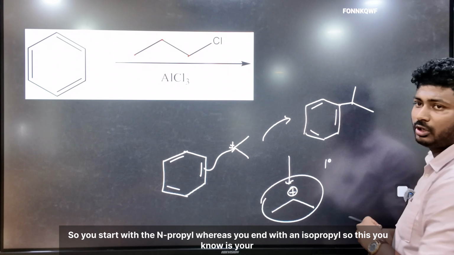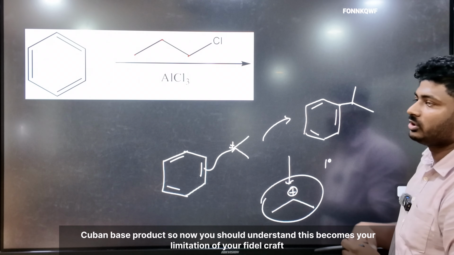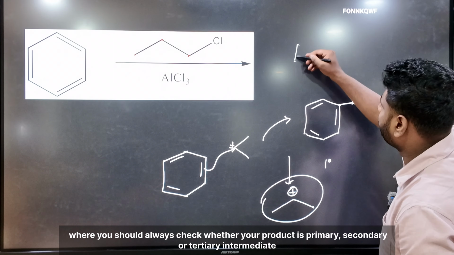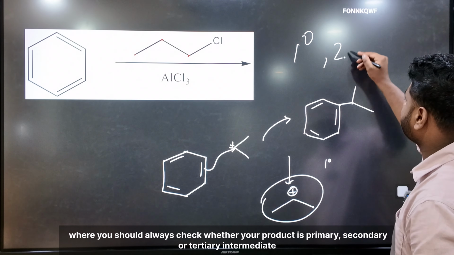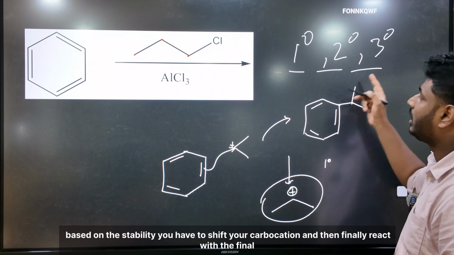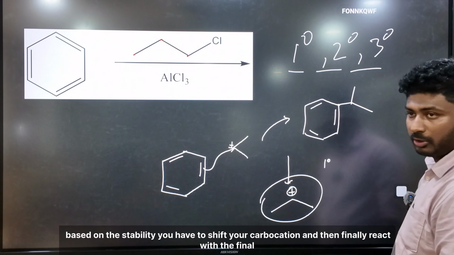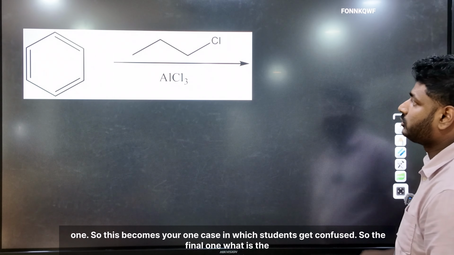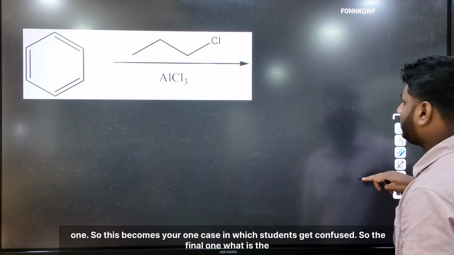So this, you know, is your cumene-based product. So now you should understand this becomes your limitation of the Friedel Craft, where you should always check whether your intermediate is primary, secondary or tertiary. Based on the stability, you have to shift your carbocation and then finally react with the final one. So this becomes one case in which students get confused.